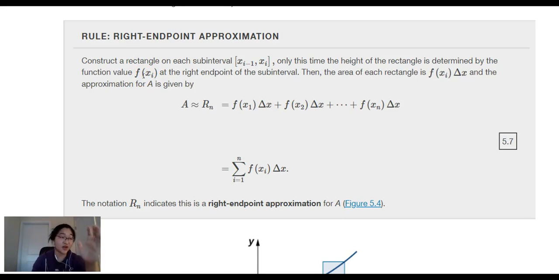We're taking the height of our function and multiplying it by the change in our x value, and doing that repeatedly, so you get, again, lovely sigma notation, where we're evaluating our function at x sub i, not x sub i minus 1, as we did for the left sum. We multiply by our change in x, which is the size of our subinterval in our regular partition. We call this the right sum, because we're looking at the right endpoint.